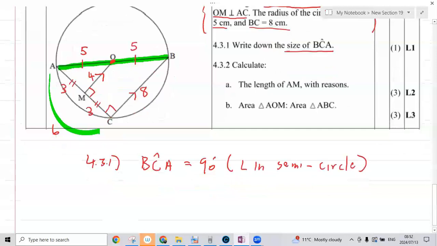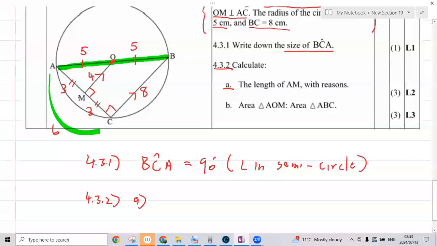Next, 4.3.2a. The length of AM with reasons.